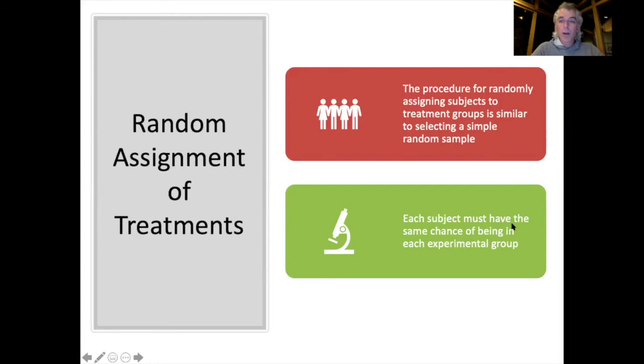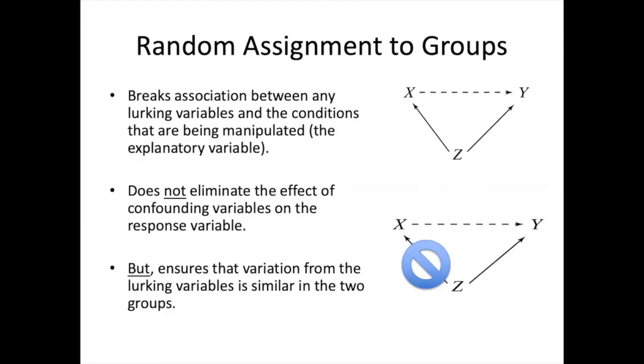Now, the easiest way to do this is through the random allocation of subjects to treatment groups. So when we randomly assign subjects to treatment groups, we break apart any associations between any lurking variables and the conditions that are being manipulated in our experiment.